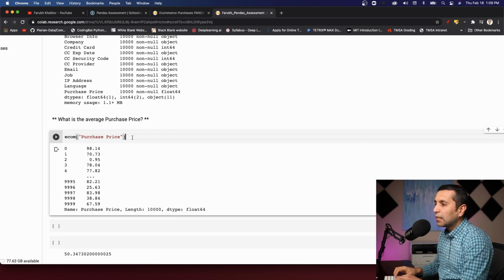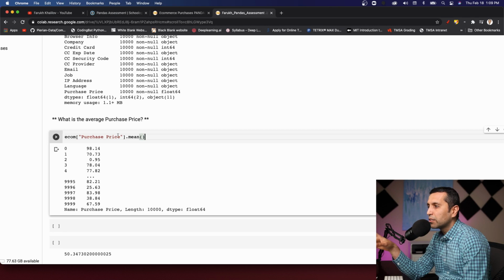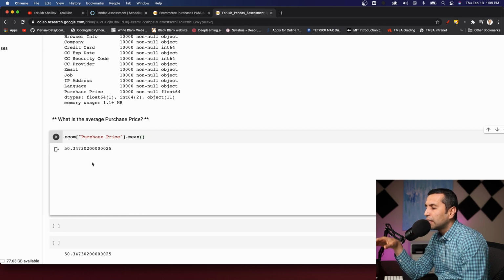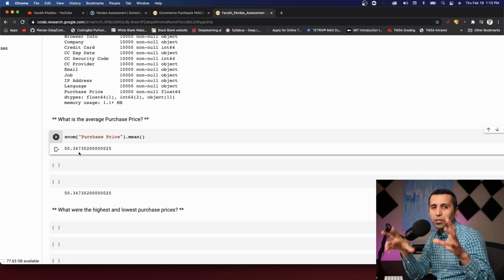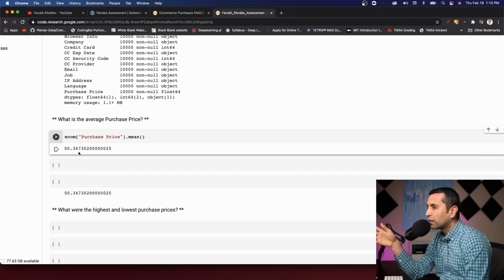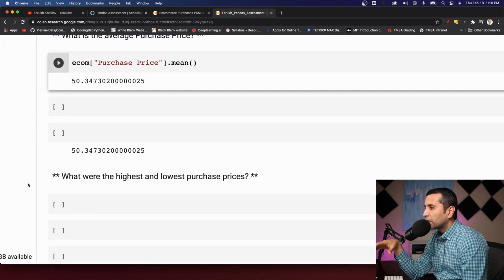But I want to get an average, and the average is a mean. That is one of the functions in Pandas. If I run it, that is going to bring me that. So the average of all purchase prices is equal to $50.35. If you round it, that is going to be 35 cents. Perfect. Let's go to another question.